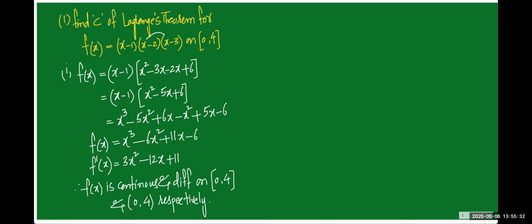So after that, what to do? Directly we can use now, because conditions satisfied. Condition number 1 and condition number 2 both satisfied. So what to write here?